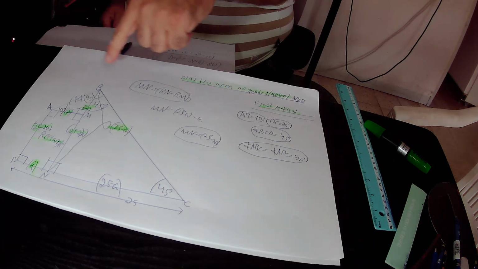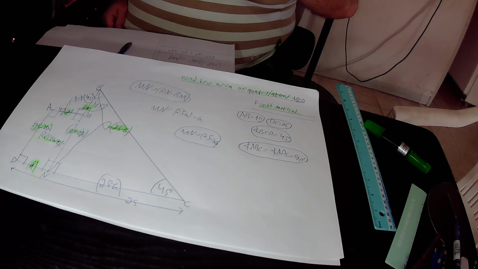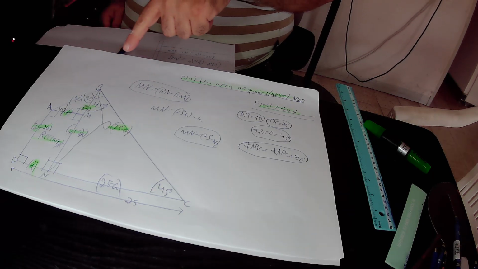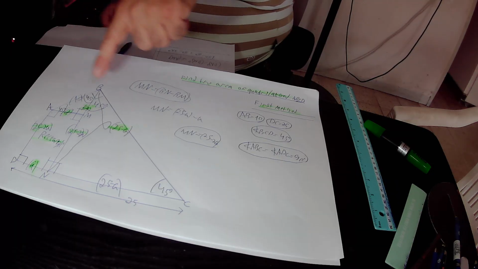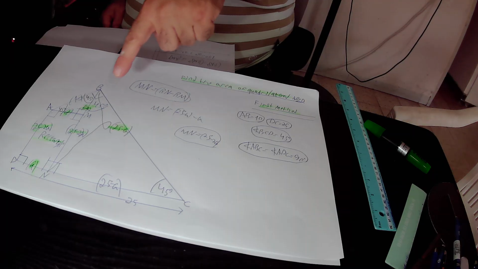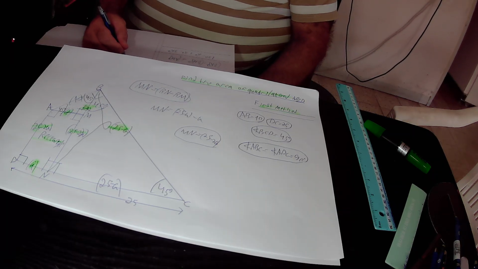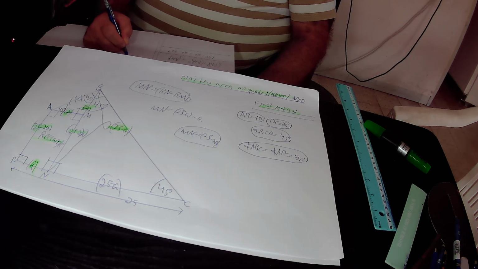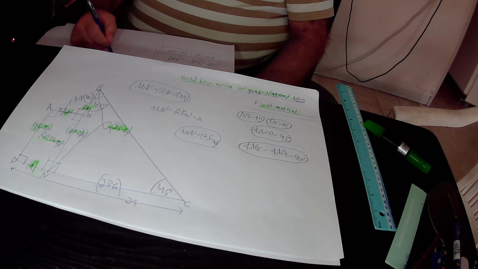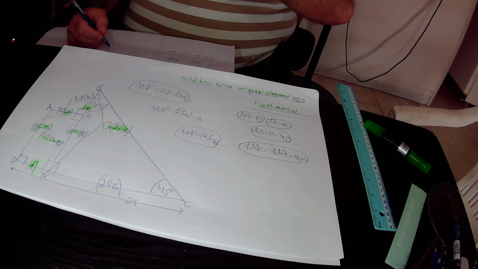Actually, the area of trapezoid ABND is equal to the sum of its two parallel sides, that is to say AD plus BN, times the height AM over 2. So write it down. The area of this trapezoid ABND is equal to the sum of its two parallel sides.